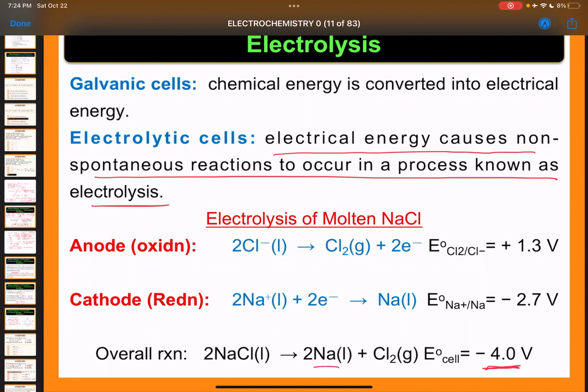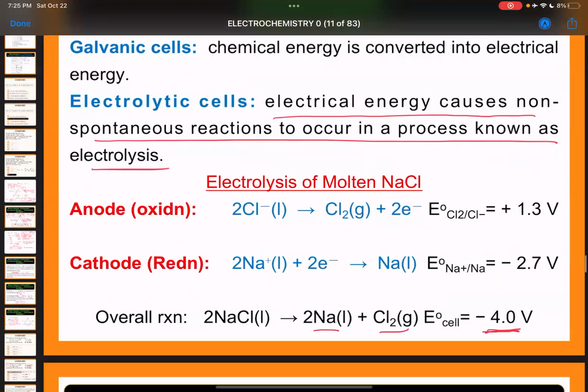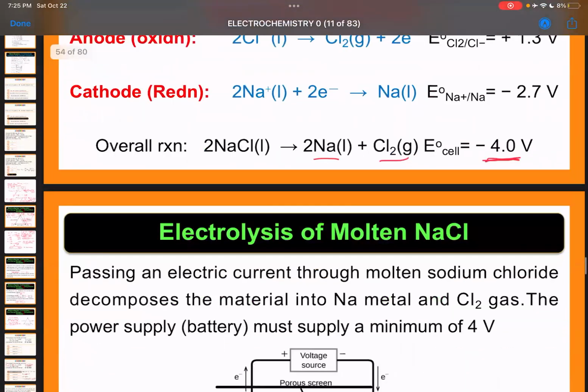So sodium and chlorine are prepared from the electrolysis of NaCl. Is it clear? Yes. So why will someone waste electrical energy? It is not a waste of electrical energy. Actually, they are producing the chemicals. So many chemicals are produced by electrolysis only. Clear?